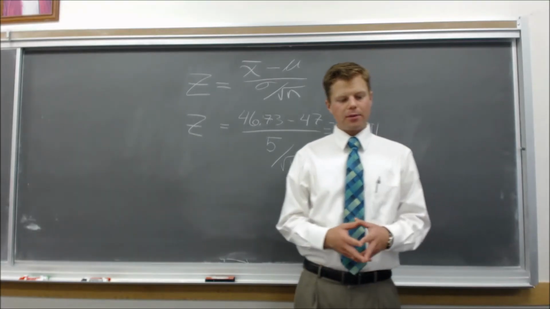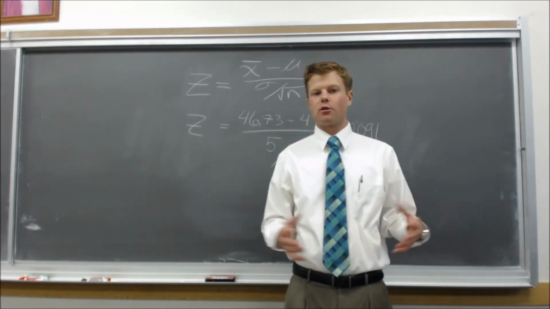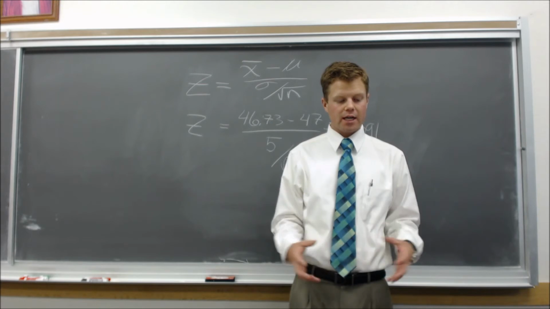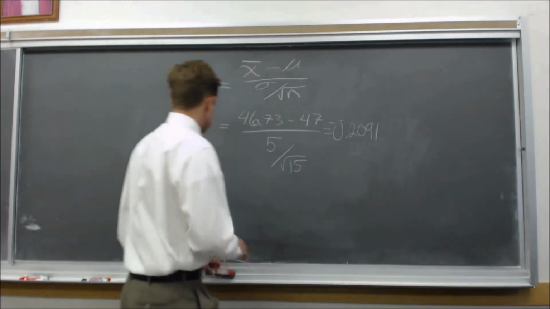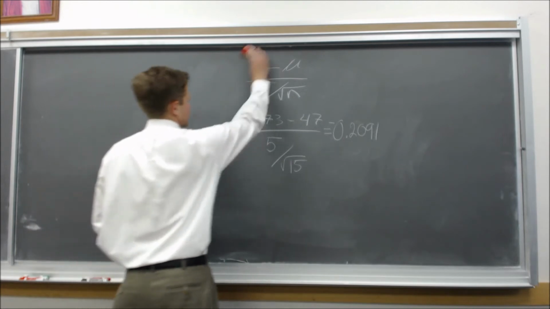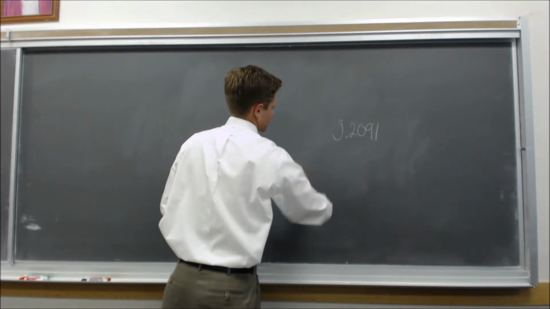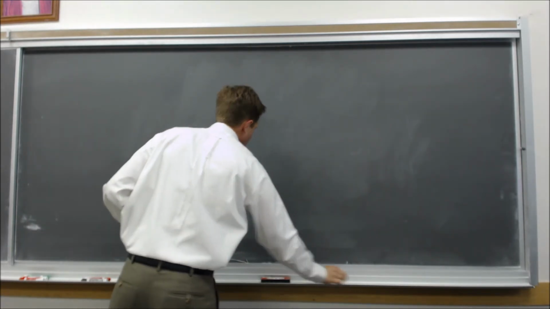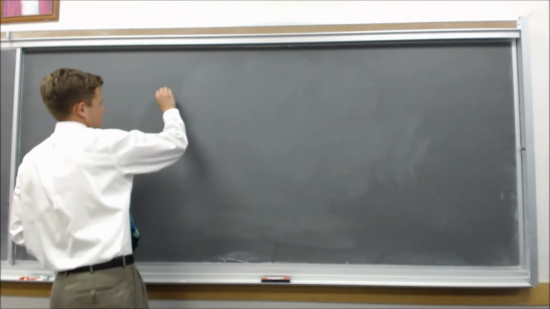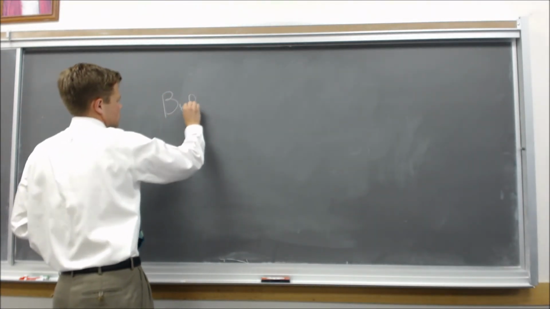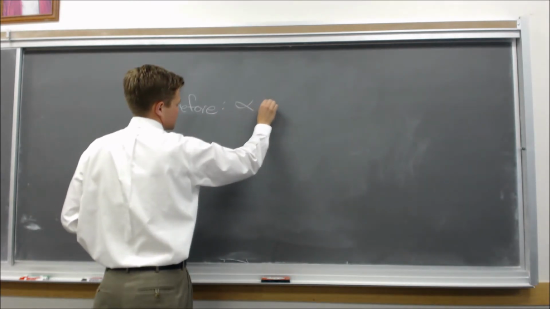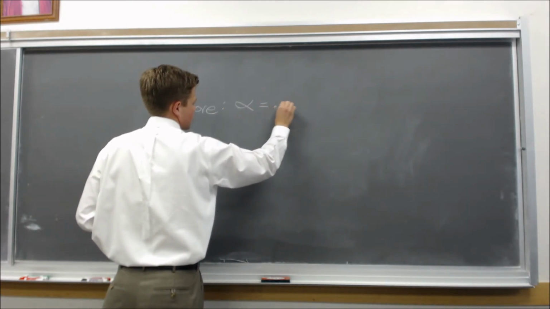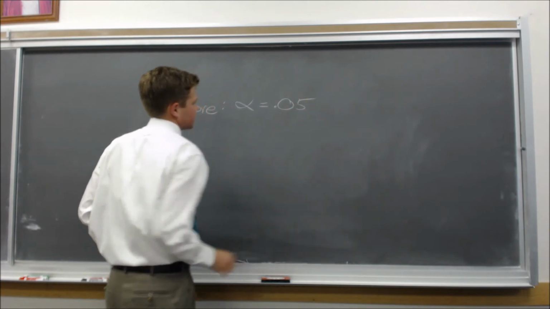Part 6, compare the p-value to the level of significance, or the alpha level. Do we reject the null hypothesis or fail to reject? Okay, so let's write this up really quick so that we can see what we're going to do. So before the test, we chose an alpha level of 0.05.